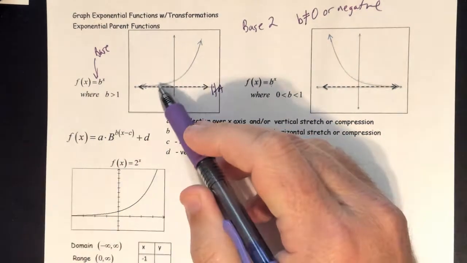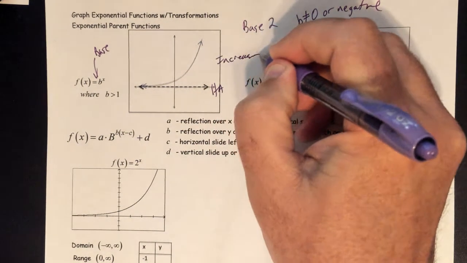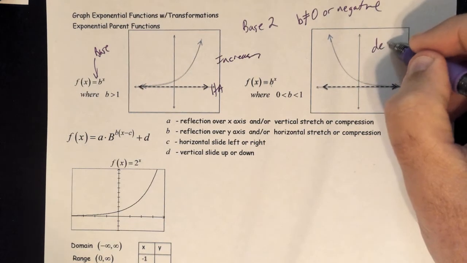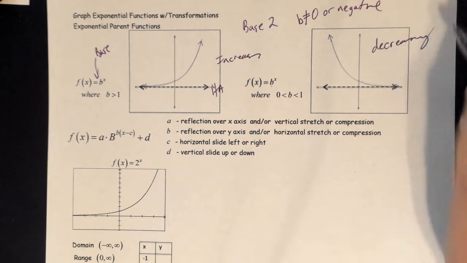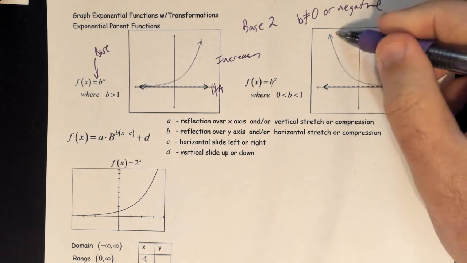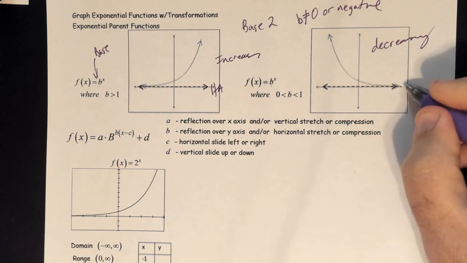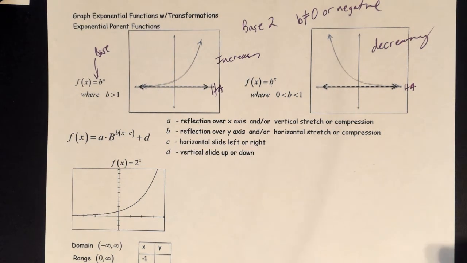Instead of this being increasing, you're going to have one that is decreasing. The reason it's decreasing is we always read left to right, and notice it's getting lower and lower and lower, getting closer and closer to that x-axis, which is where that horizontal asymptote is.